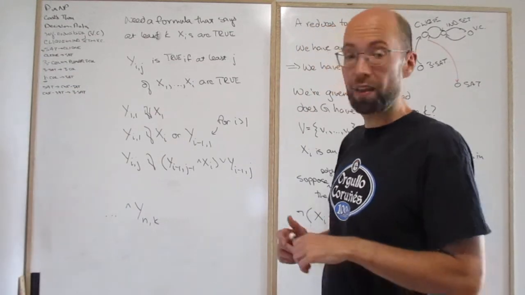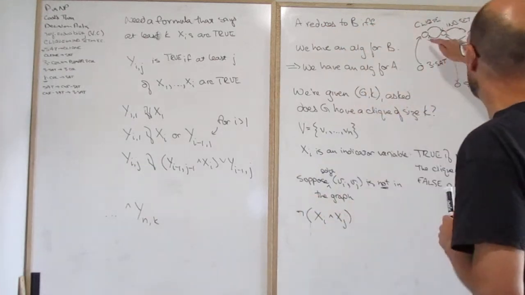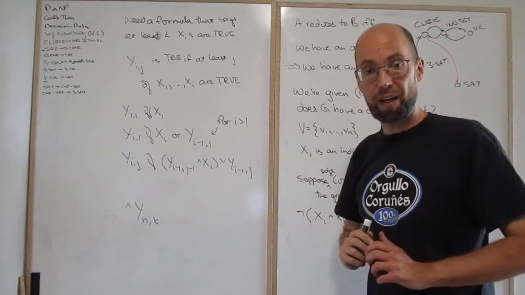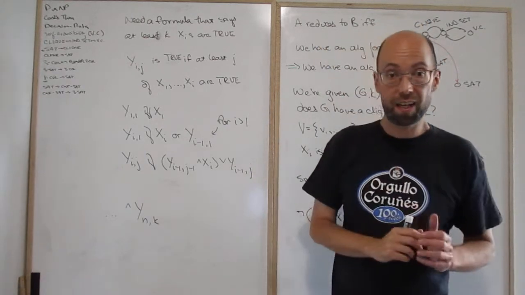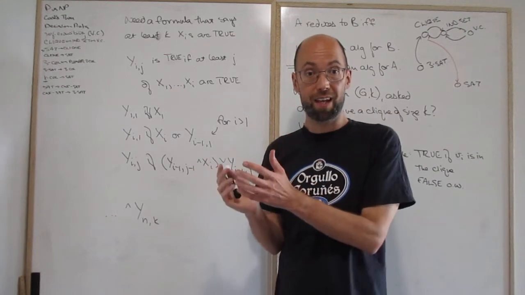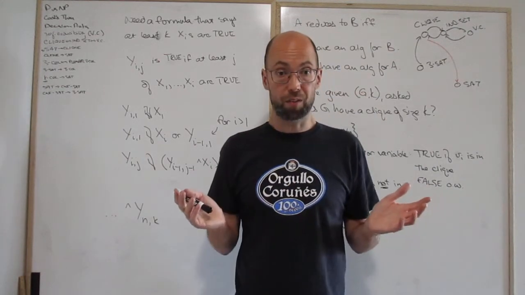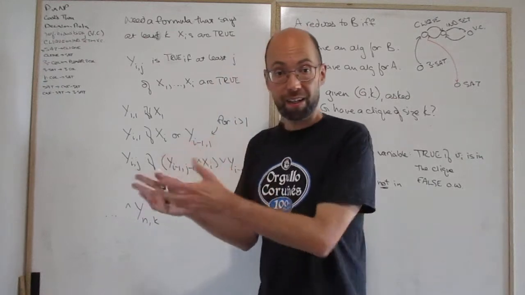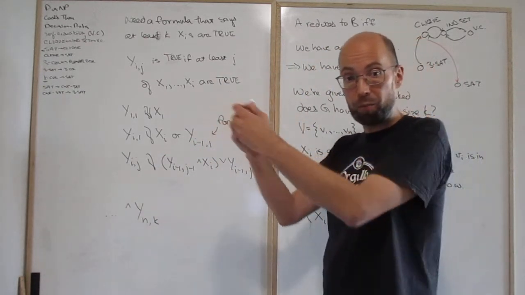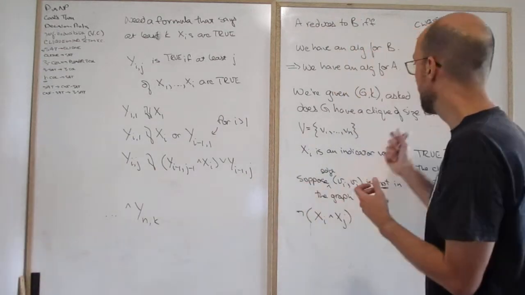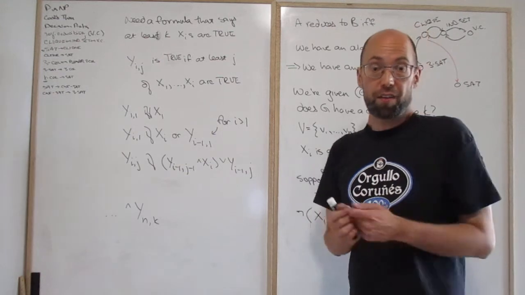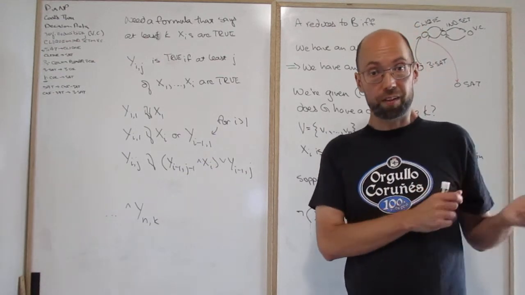Okay, so that's this arrow. We can reduce clique to sat. If somebody gives us a graph G and an integer k and asks, is there a clique of size k? We don't know how to solve that in polynomial time, but in polynomial time we can turn it into a Boolean formula such that the formula is satisfiable if and only if the graph has a clique of size k.